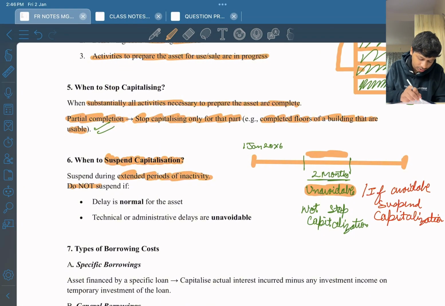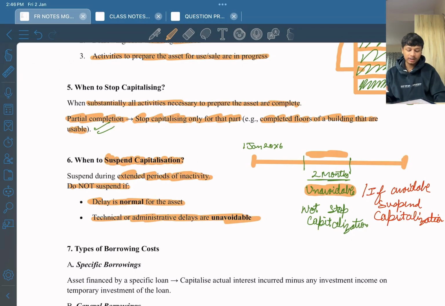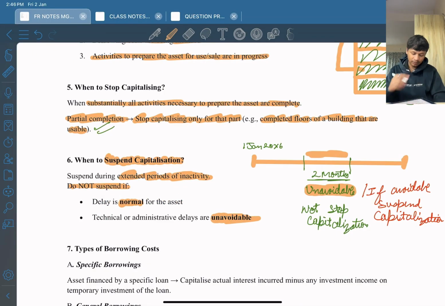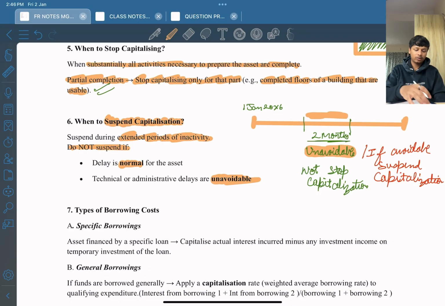Do not suspend if the delay is normal for the asset, or technical or administrative delays are unavoidable. So these are the conditions that we have to remember: either the delay is unavoidable or it is normal for an asset.